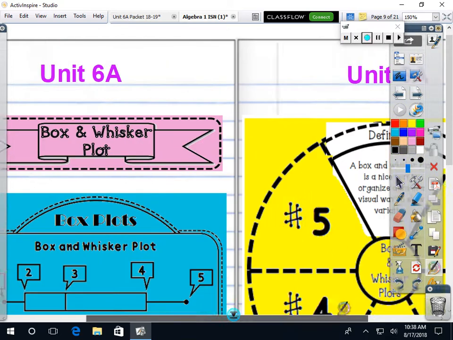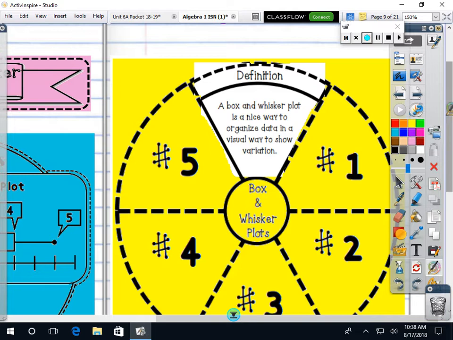Okay, so instead of rewriting a box and whisker plot again, because obviously we know that's what we're defining, you don't even have to put "a nice way", you could just start it with "a way to organize data in a visual way to show variation." So basically, a way to organize data in a visual way to show variation.